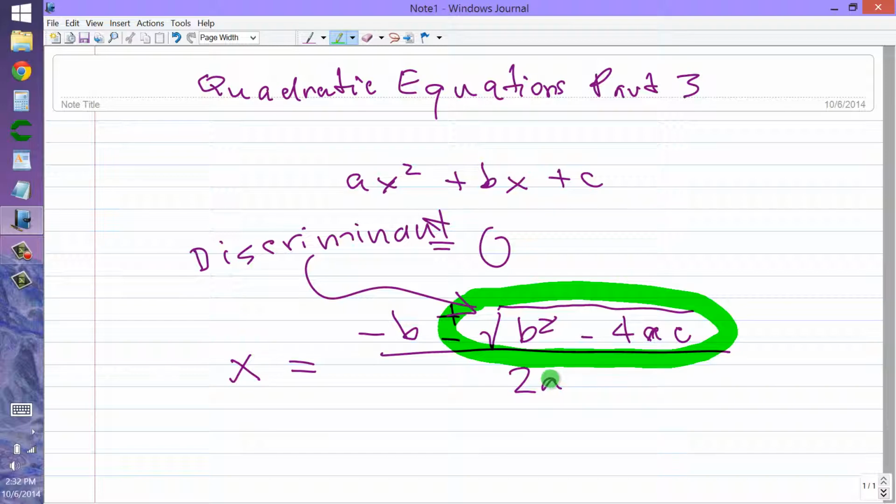And then, of course, we divide by 2a, but the result of this is going to be minus b over 2a plus or minus this thing over 2a, and that's going to give us what is known as, once again, a complex number, or actually two complex number solutions.